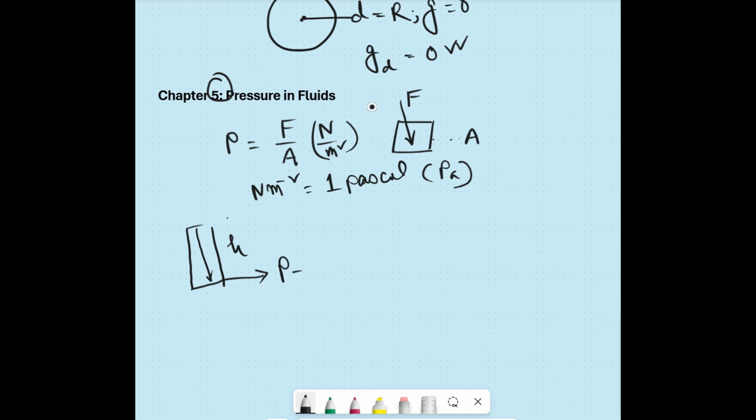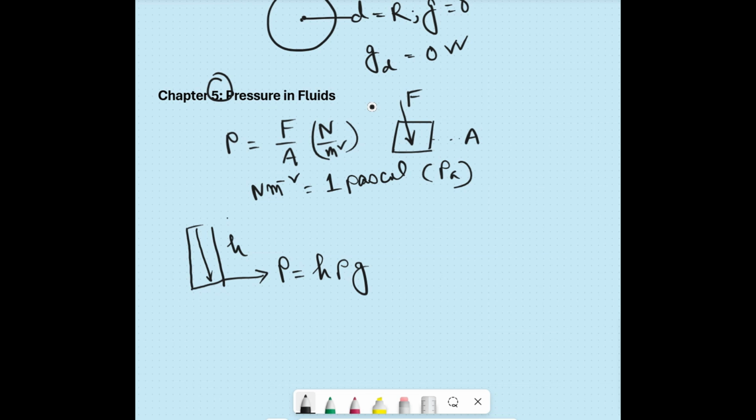It will be P equals h rho g, right? And of course we are going to use this equation and we can solve some numerical problems.